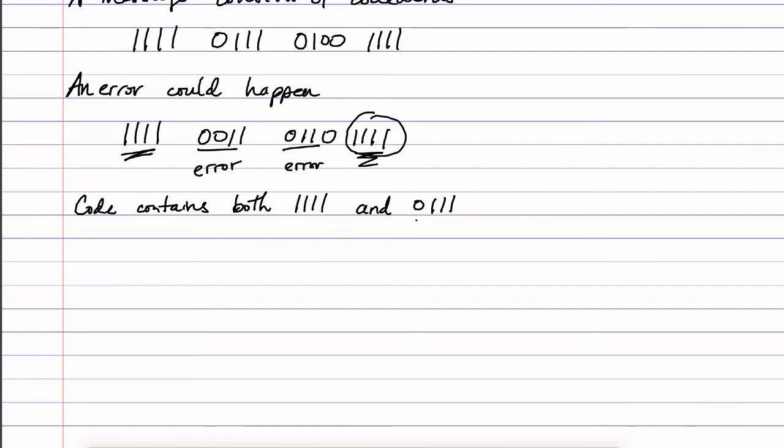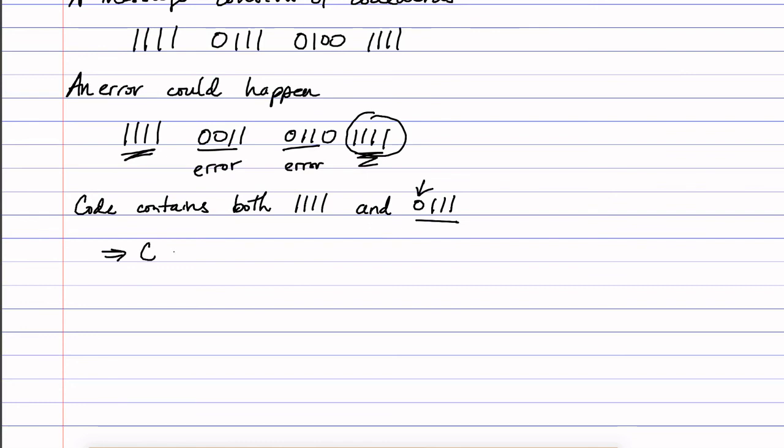They could have intended 0 and 3 ones. And if there was an error in this first bit, we would have received 4 ones and thought that was the intended message. And so this code, C, cannot detect single errors in code words.